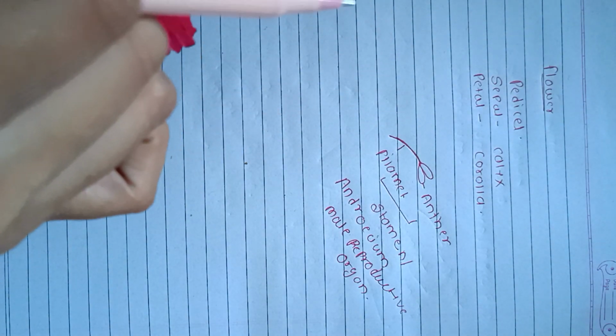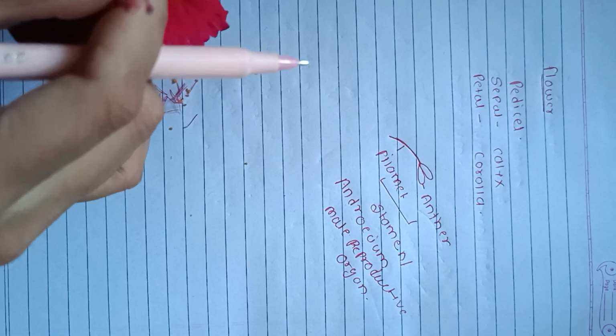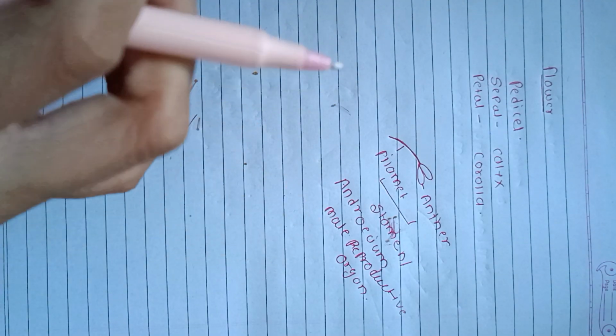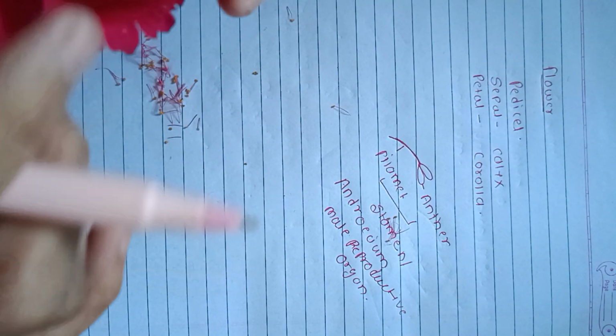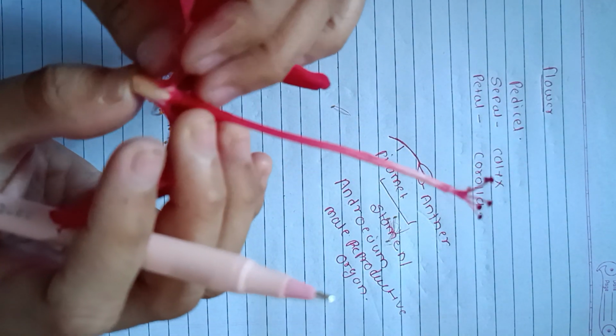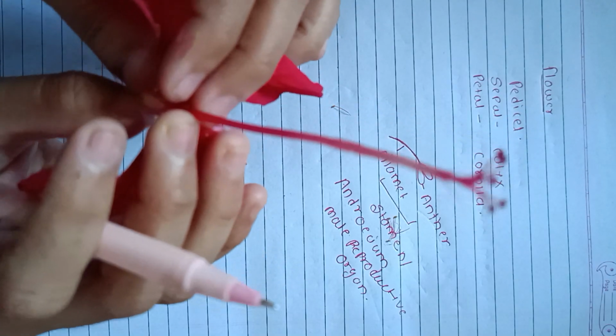Now I will show you the female reproductive organs. You can see this structure. I will separate this from the flower. So you can see the structure. This structure is known as the pistil.